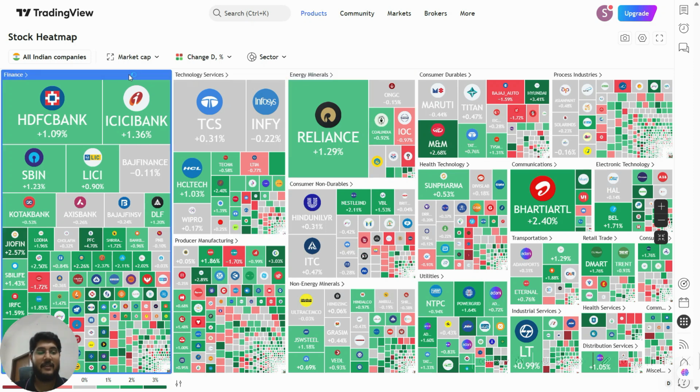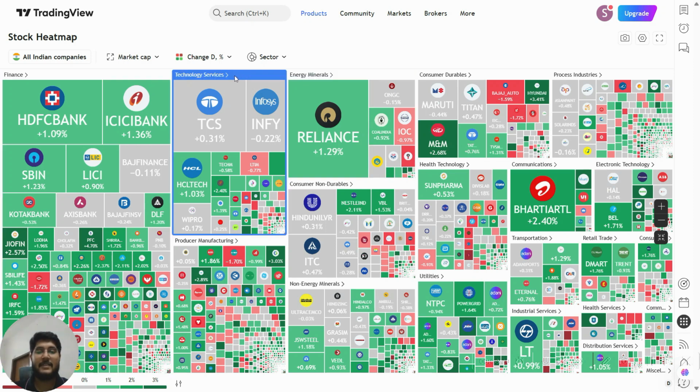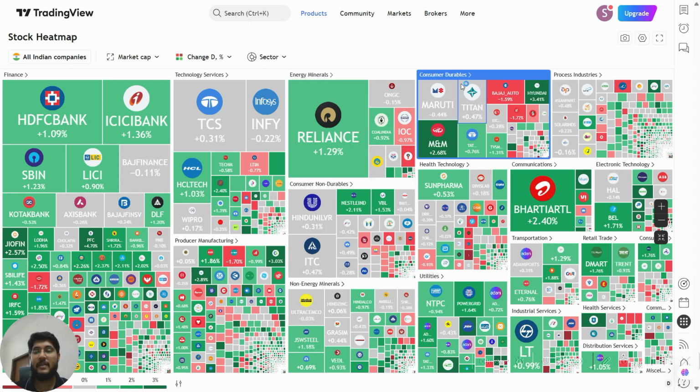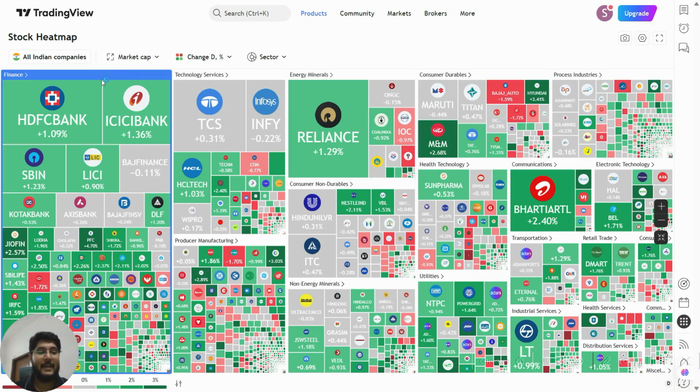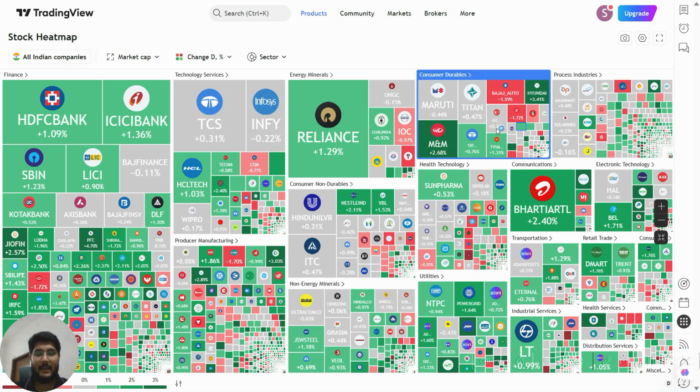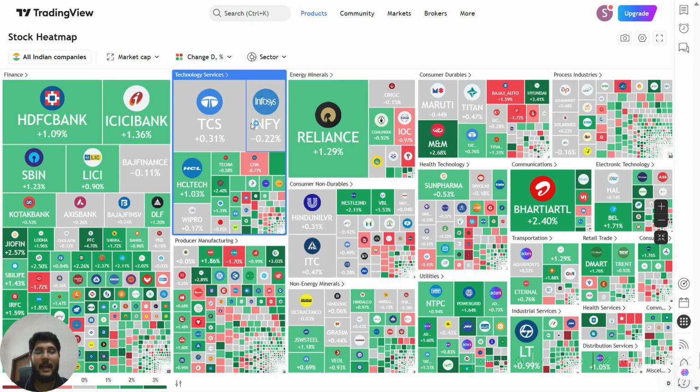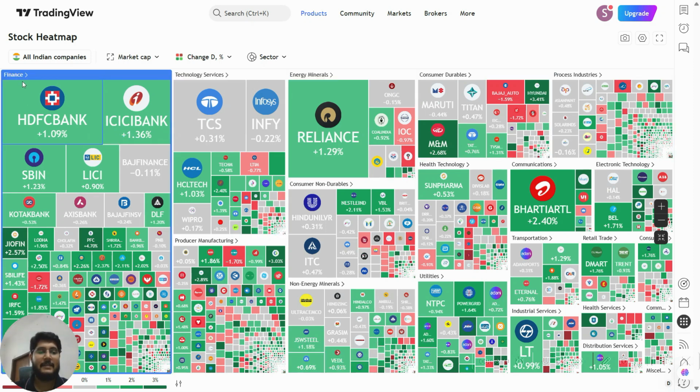It has sorted out, for us, technology services, energy minerals, consumer durables, process industries, finance, all these sectors differently, right? And these industries differently, and given us, let's say, from the finance sector, what all stocks we have which are in green, and how much percentage they have gone up or gone down as well, right?